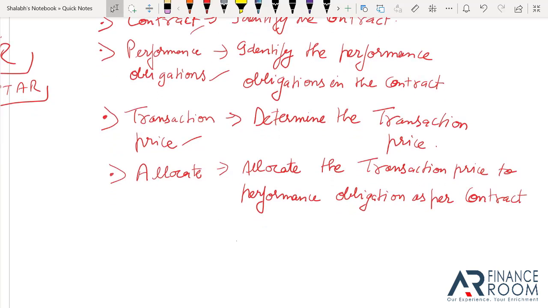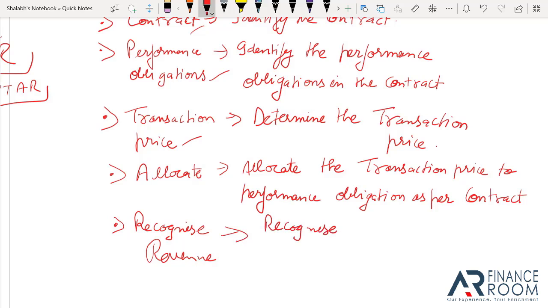What was the last point? R. R stands for revenue or recognize revenue, whatever suits you. Now, recognize revenue. Now, I don't recall the exact line.